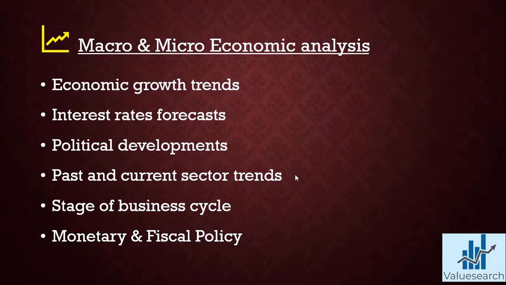Past and current sector trends. Currently, the entire world is pushing for EVs, that is electric vehicles. If you remember, around 2001, there was a market crash which was named the dot-com bubble.